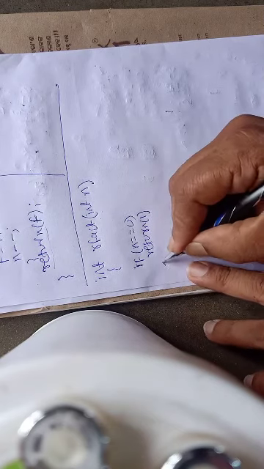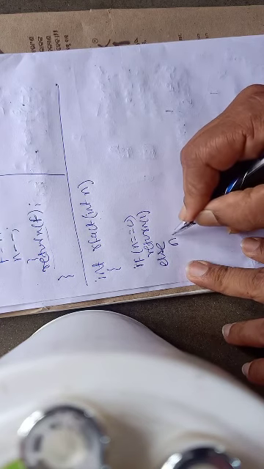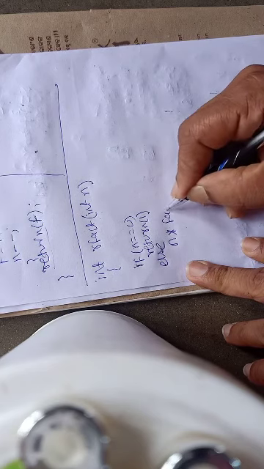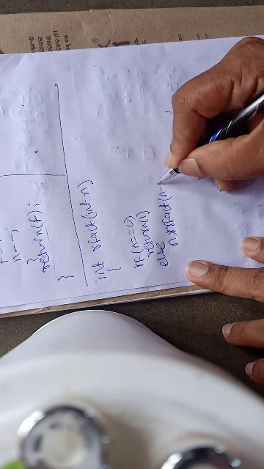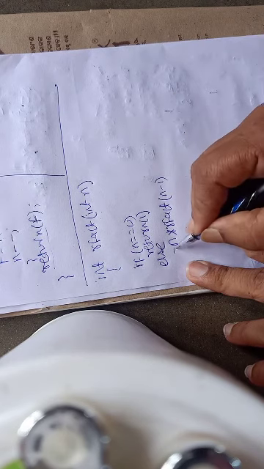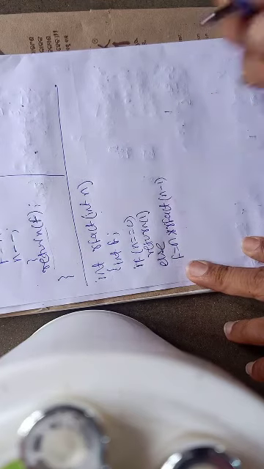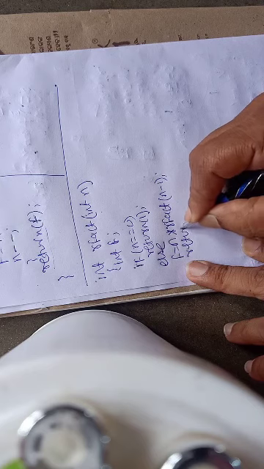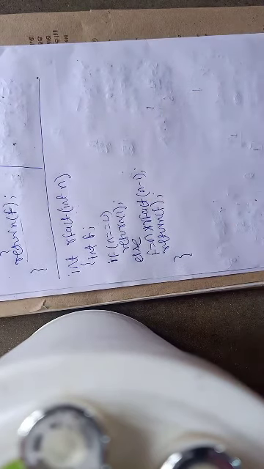Okay, else what? Else I have to perform n multiplied with, first I should call the rfact function once again, and then pass argument n minus 1, and this result will be stored in variable f. So let us declare a variable f. Okay, and then I can write return f. I hope you understood the definition.